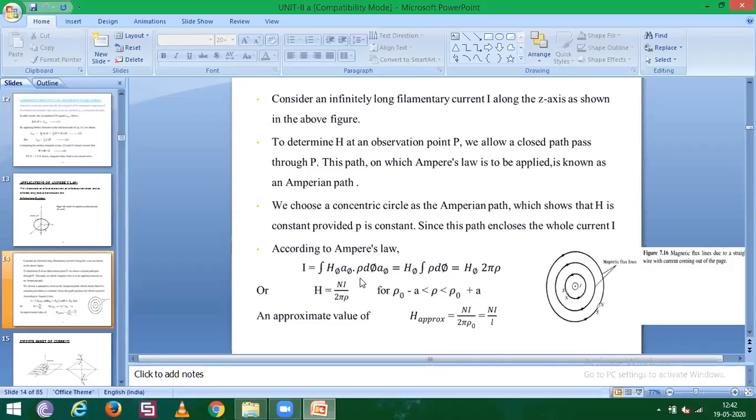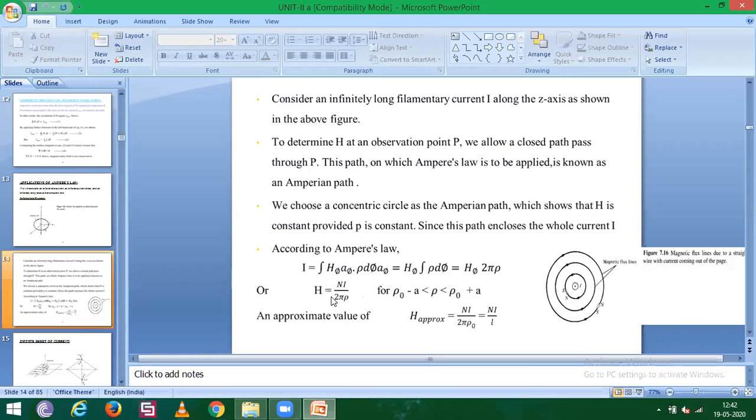So taking the dot product, we end up with H phi rho d phi. H phi is constant, the integration is with respect to d phi, and the limit of phi is from 0 to 2 pi. So integrating it, you will end up with H phi rho into 2 pi.